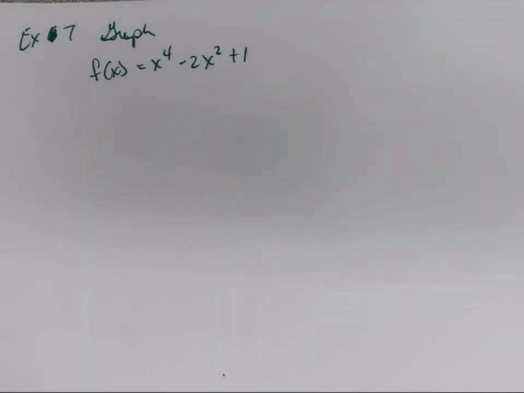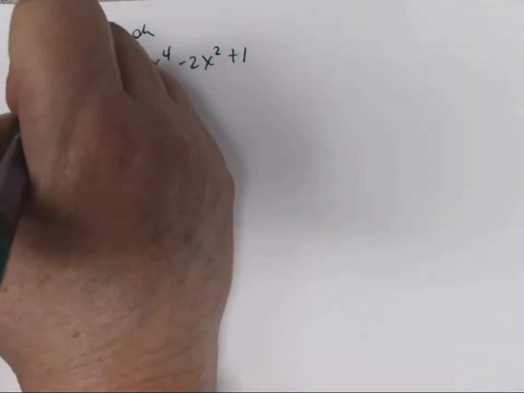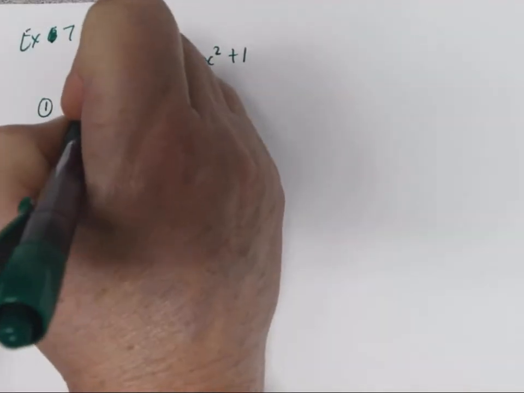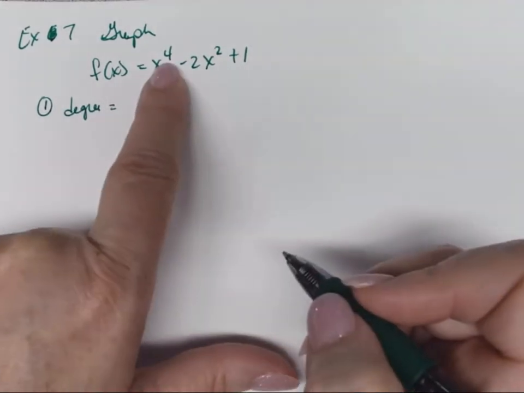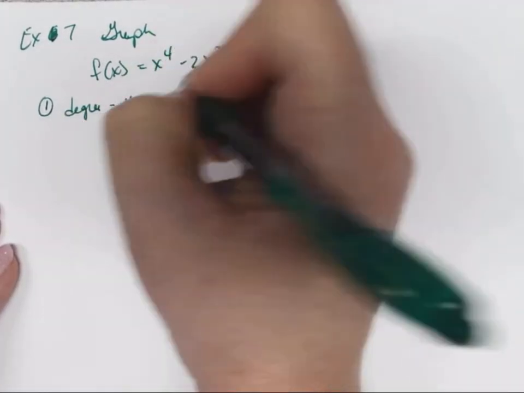So the first thing that we are looking at is our degree, whether it's positive or negative or even or odd, we're looking at our leading coefficient and the degree.